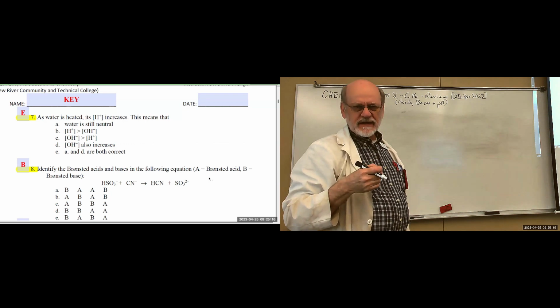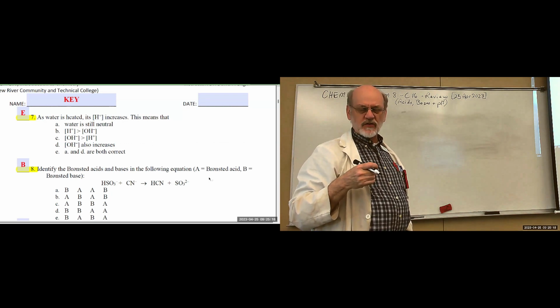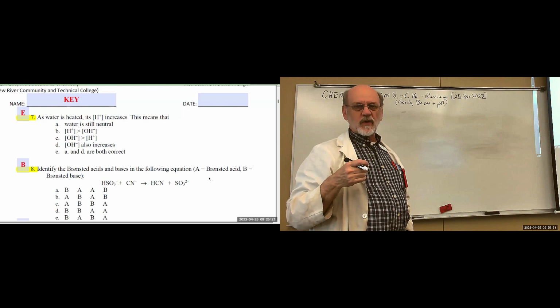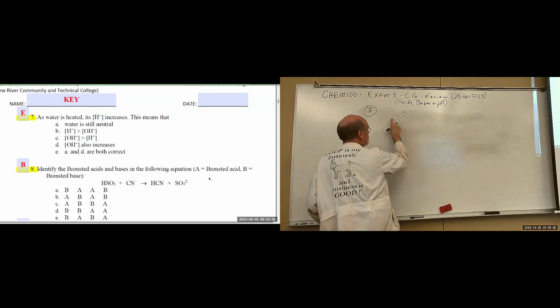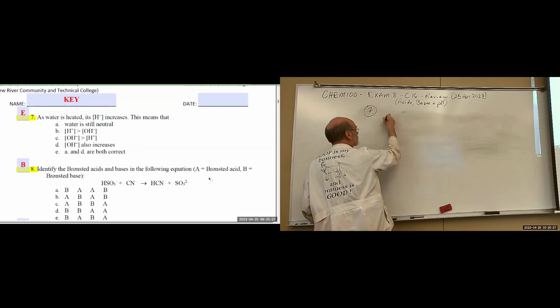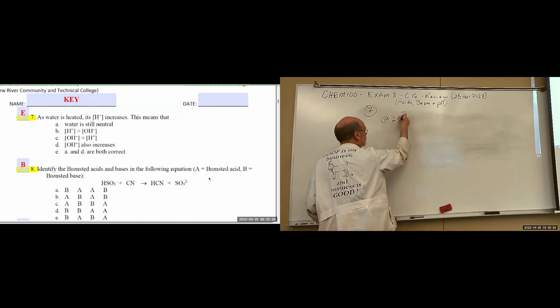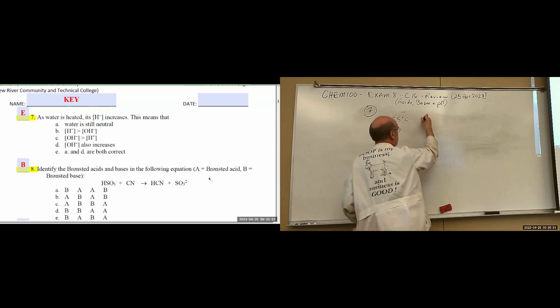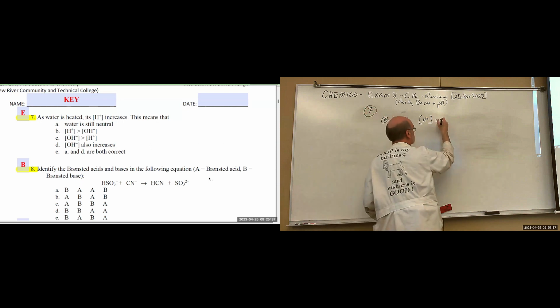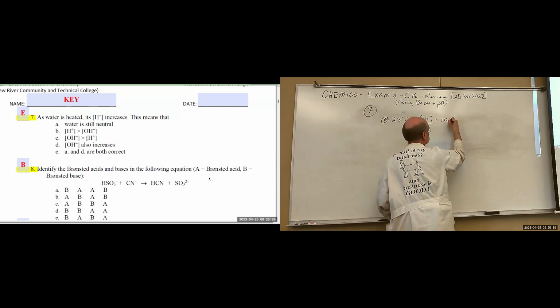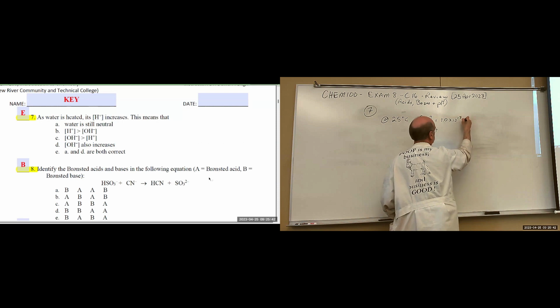As water is heated, its hydrogen ion concentration increases. This means that what? All right, so we know that at 25 degrees C, the hydrogen ion concentration in pure water is equal to 1 times 10 to the minus 7 molar.